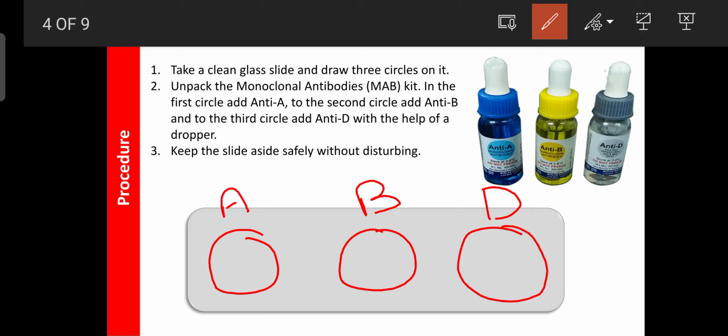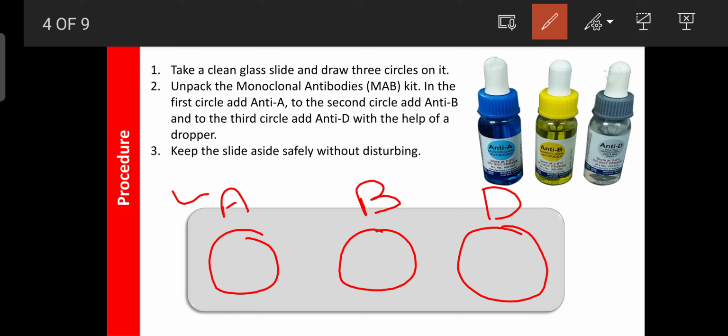This bottle is anti-A, it consists of antibody A, and it is blue in color. This bottle denotes anti-B, it consists of monoclonal antibody B, and it is yellow in color. And this is anti-D, it consists of monoclonal antibody D, and it is white in color.